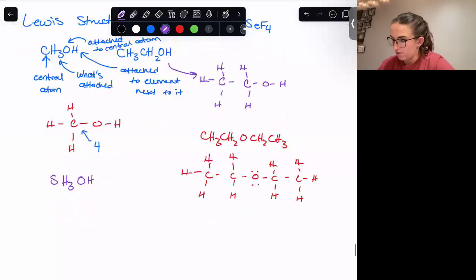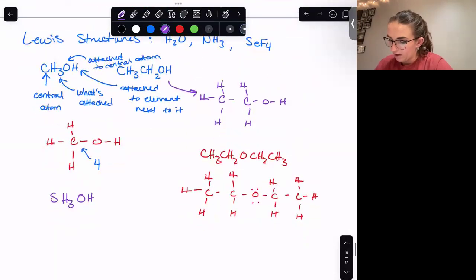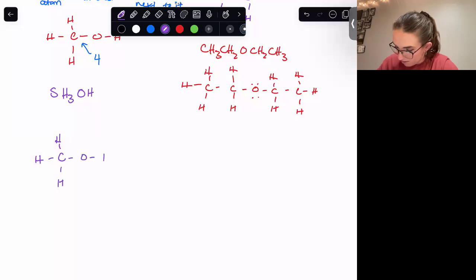Yep, so when we look at intermolecular forces now, when we look at ethanol, or methanol, I'll write that again. Do we have polar bonds in our molecule?